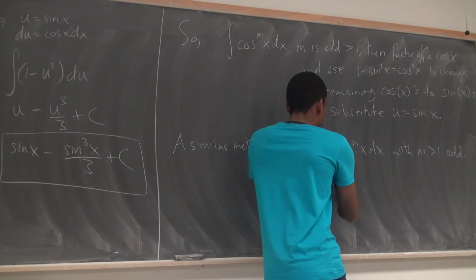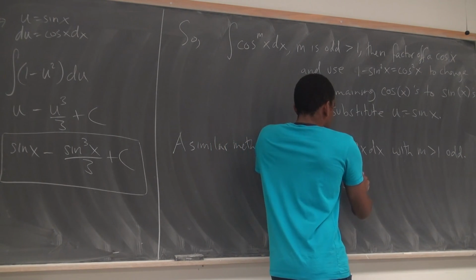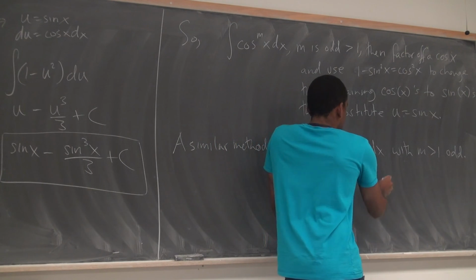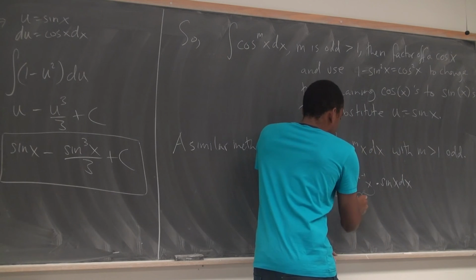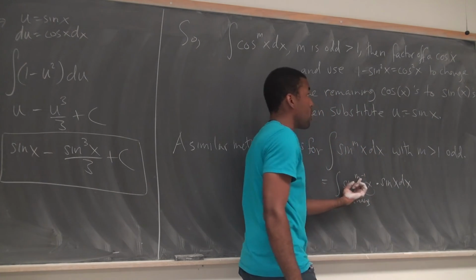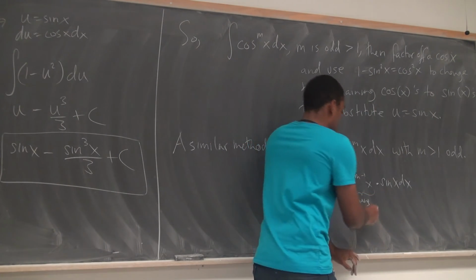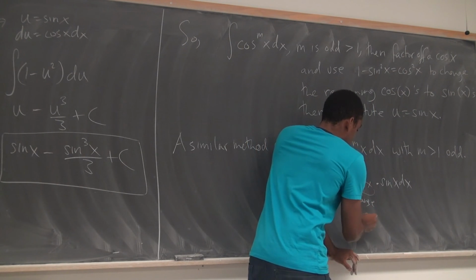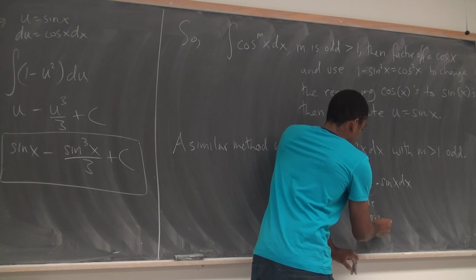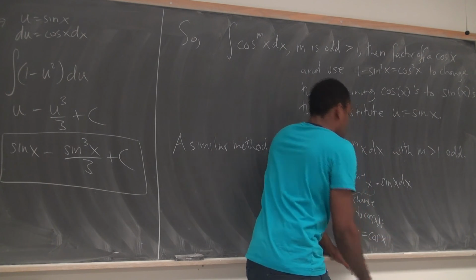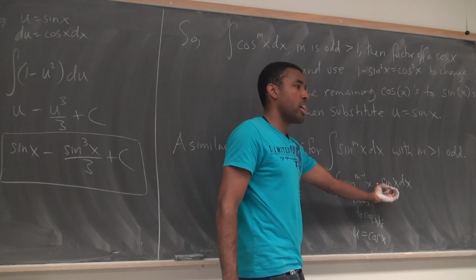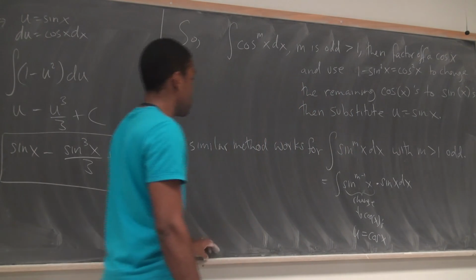So you think of this as sine to the m minus 1 x times sine x dx. This will be an even power, so you can use your Pythagorean identity. Change to cosines, and then u equals cosine x. The du would give you that sine x, and then you can just do that as a polynomial.